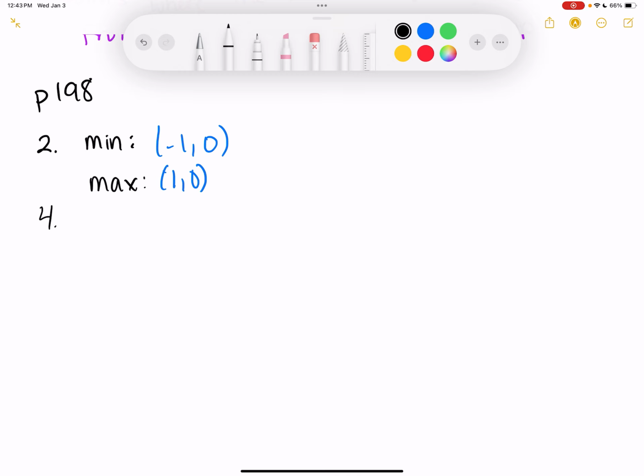Yes. Any guesses? I would say the min would probably be -3, 0. -3, -1. What would you say the min would be?